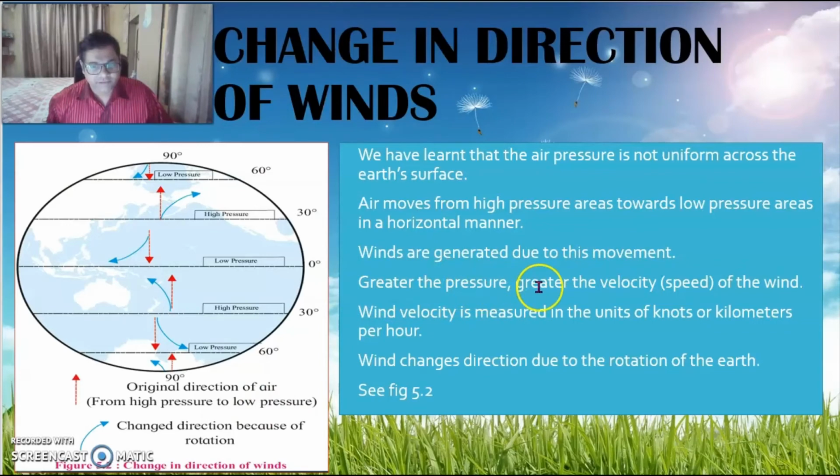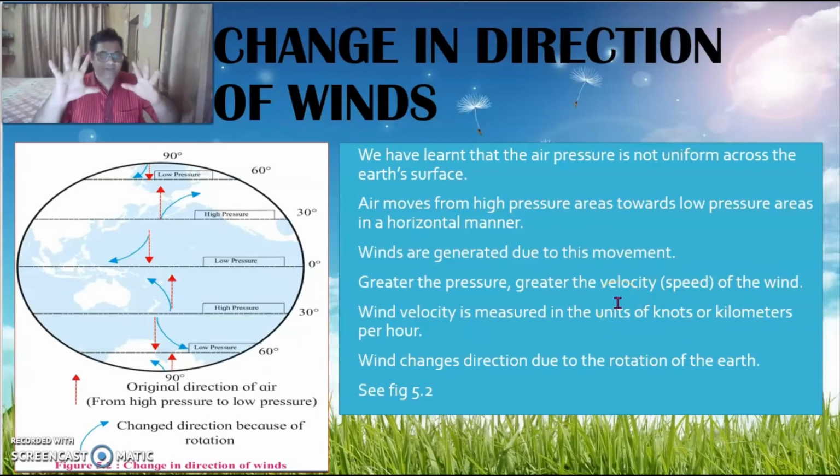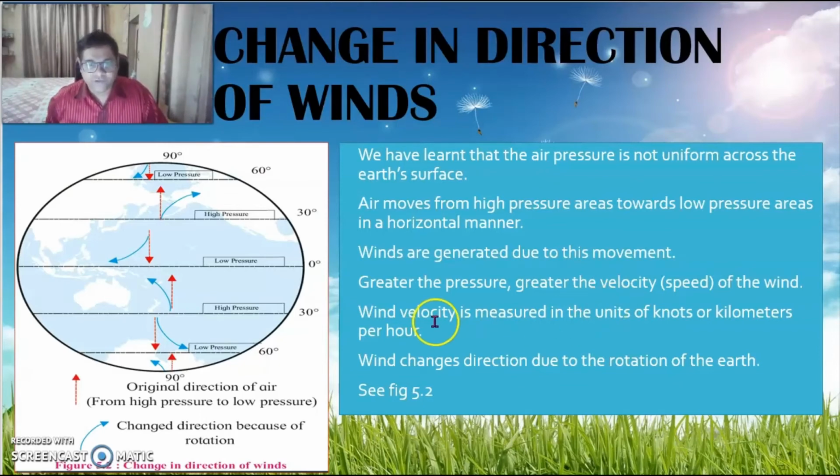Greater the pressure, greater the velocity. Velocity means speed, the speed of the wind. If the pressure is great, the wind speed is more. If the pressure is low, the wind speed is less. Wind velocity is measured in units of knots or kilometers per hour.